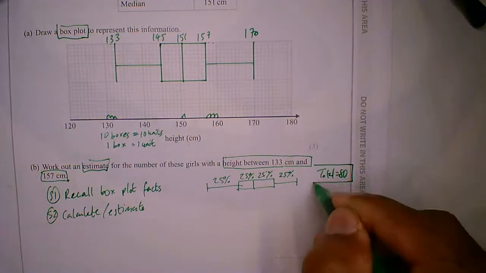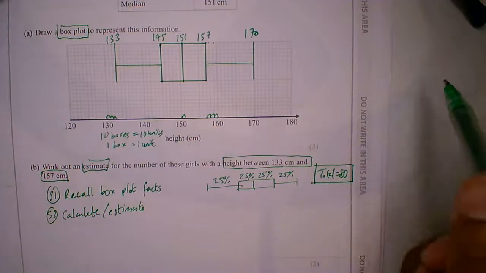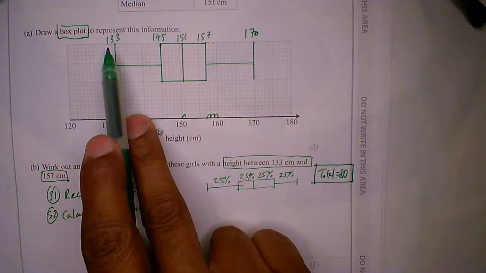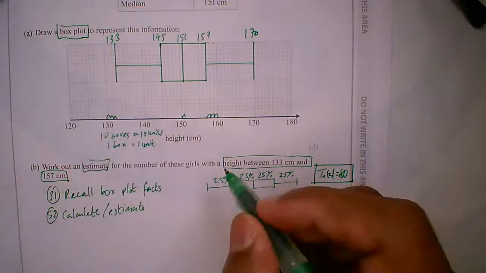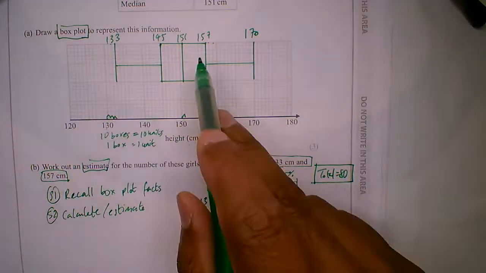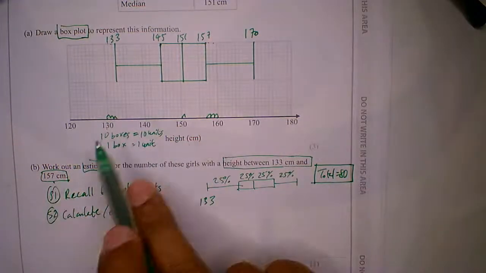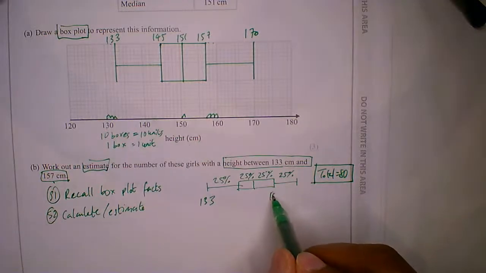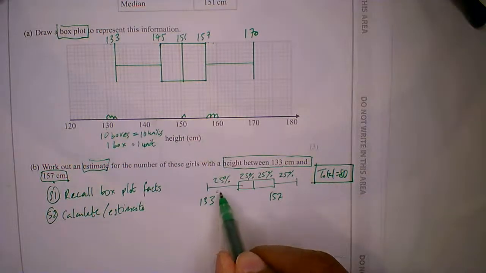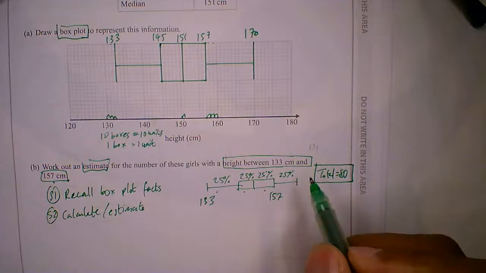That's a key fact. 133 is here and 157 is here, so I've got 25%, 25%, 25%.